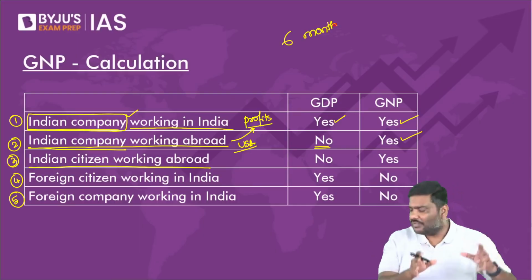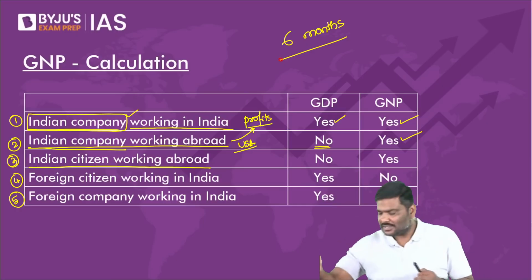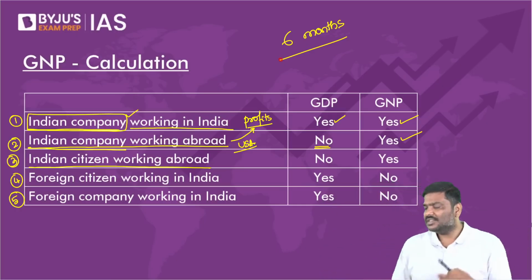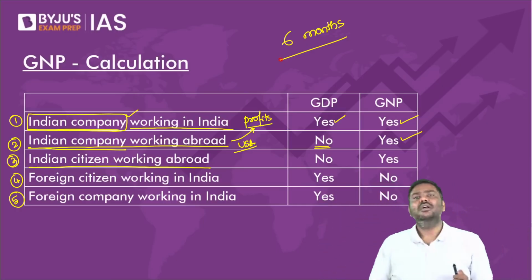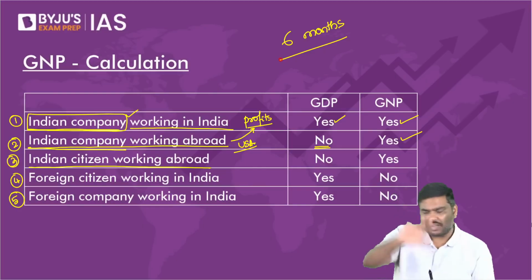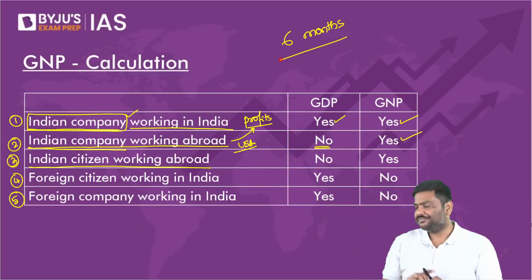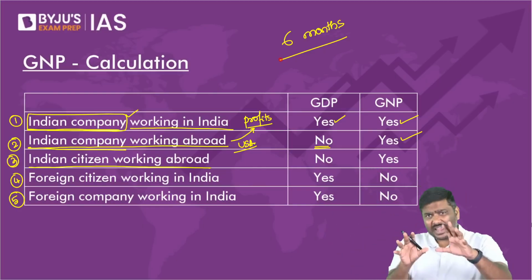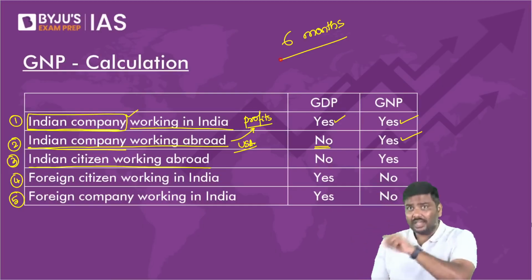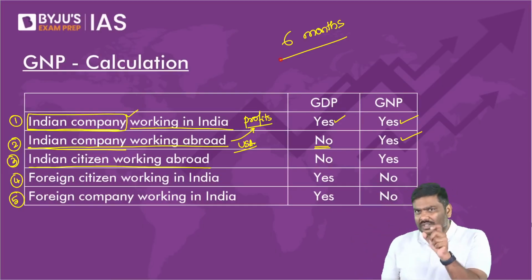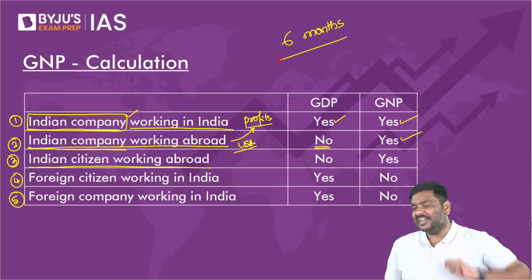Indian software engineers will go to USA for 2 months, 3 months, 6 months, onshore work, etc. Then they'll come back. So understand the argument here. Imagine you have gone to USA for 6 months and you will earn a salary in USA. Will you count this salary as part of India's GDP?